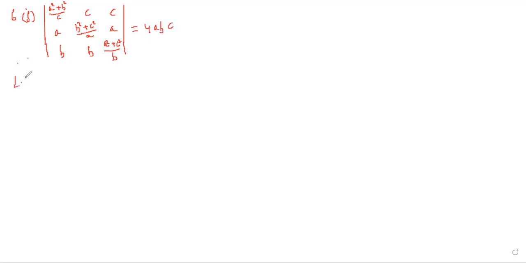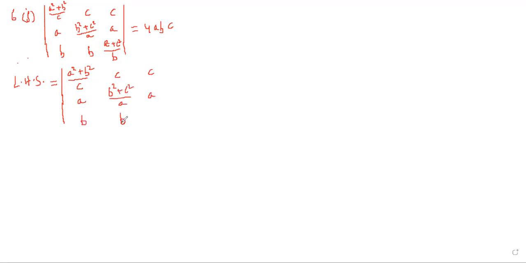So we start with LHS equals to first row a square plus b square upon c, c, c. Second row a, b square plus c square upon a, a.